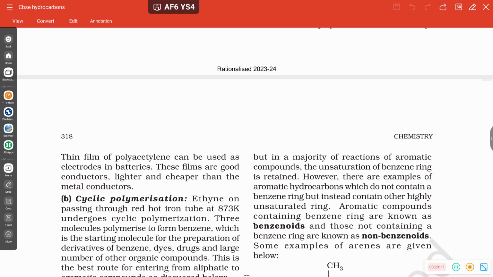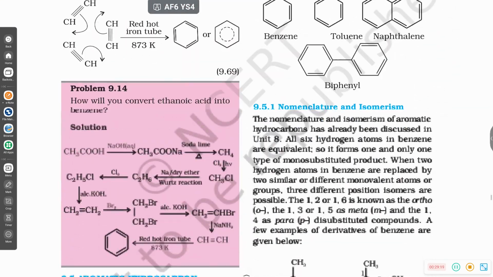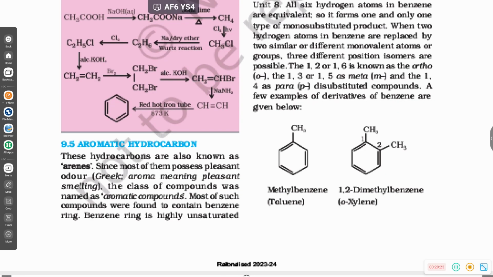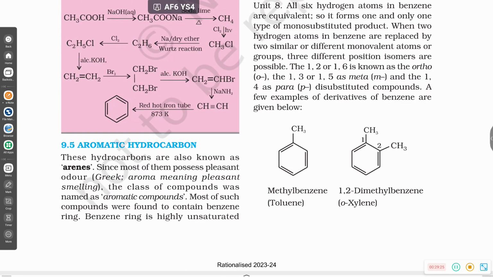Now see benzene. Aromatic hydrocarbons, also known as arenes. Most of them possess pleasant odor. That is the reason why we say aromatic scent.